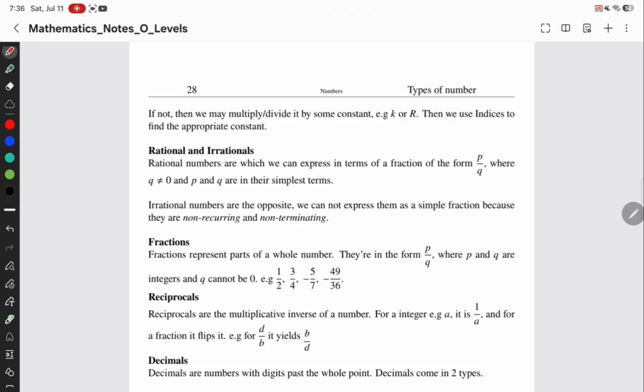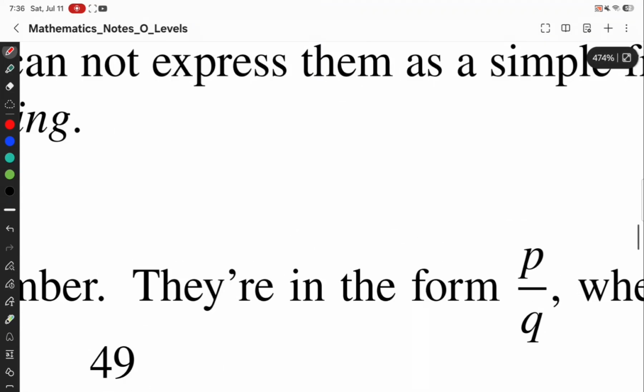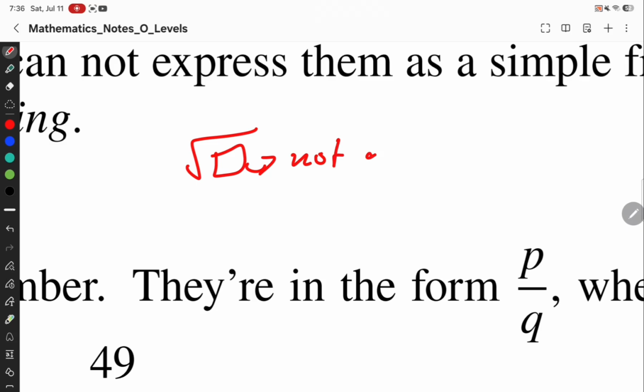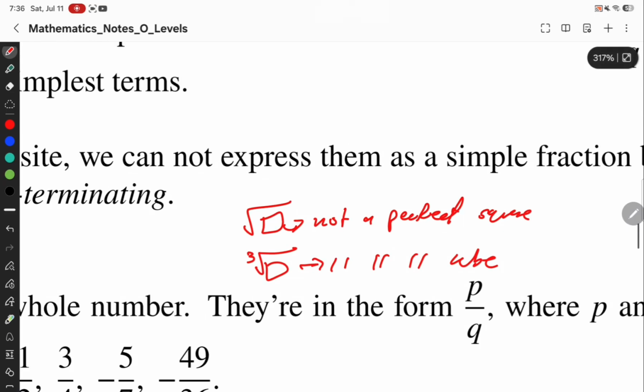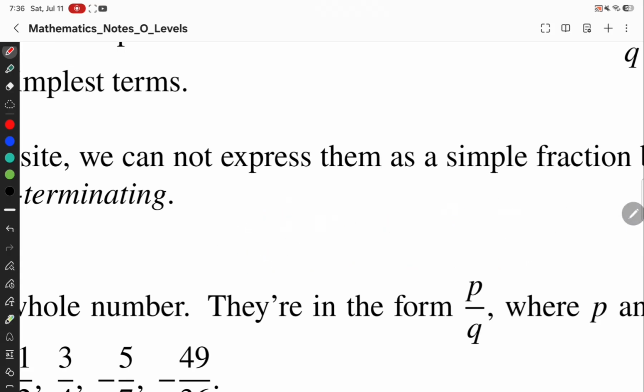In the practice papers, if we see a square root which is not a perfect square, or a cube root which is not a perfect cube, then you can say this is irrational.